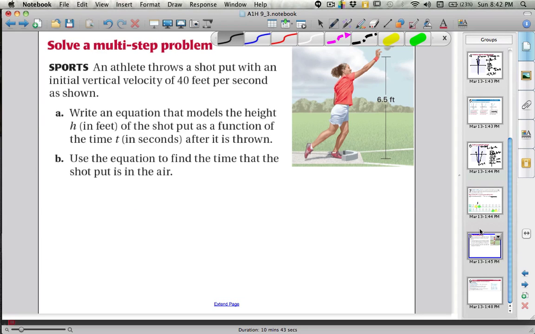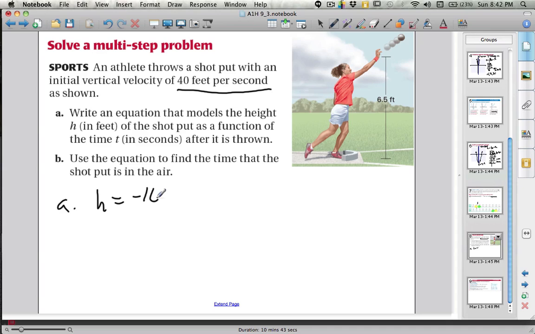And if we wanted to work on a problem that was a little more into the real world, we're looking at a track and field athlete who's throwing a shot put, and it has an initial vertical velocity of 40 feet per second. So we're going to go ahead and write, again, that height is equal to negative 16t squared plus the initial velocity times time plus the initial height.